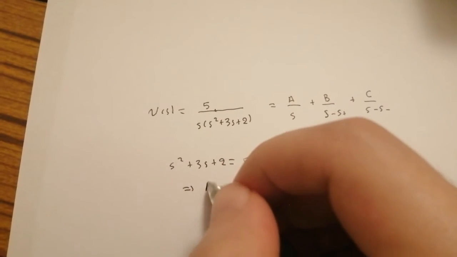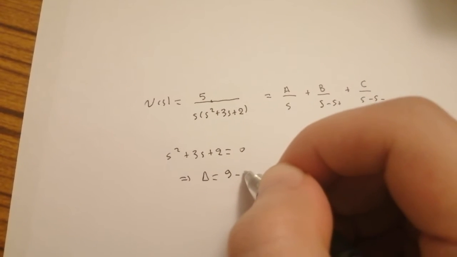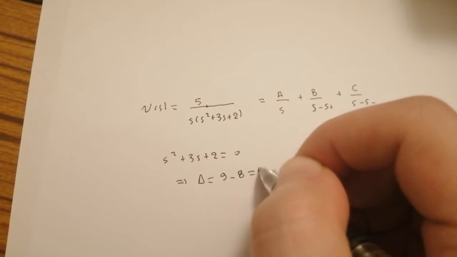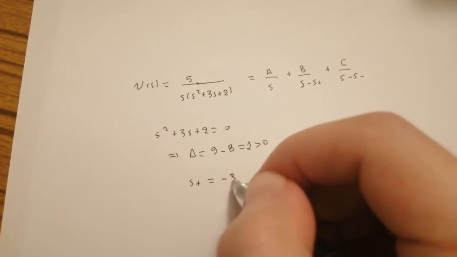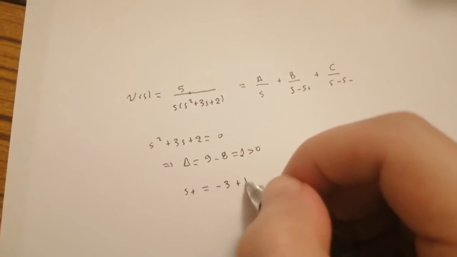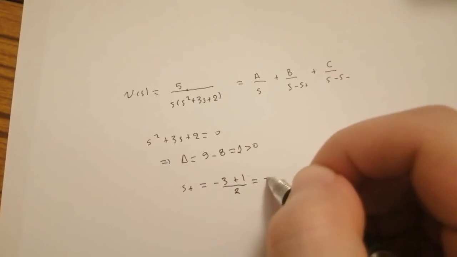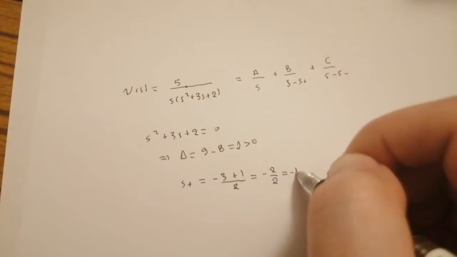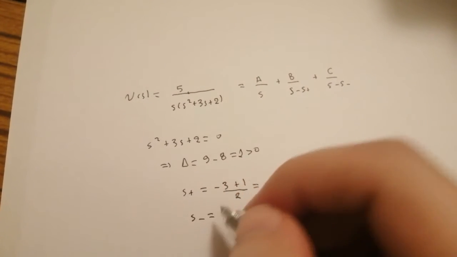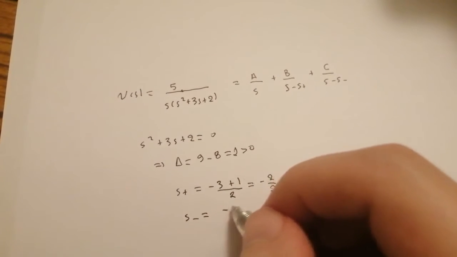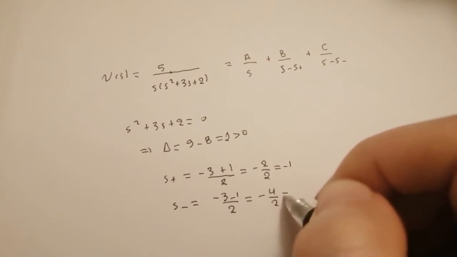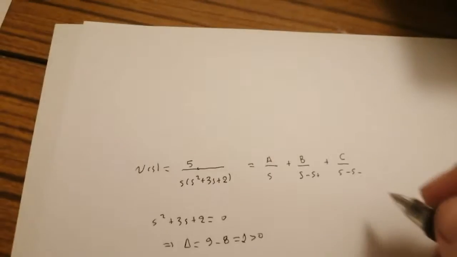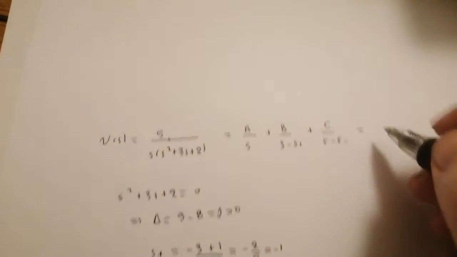I compute the discriminant, it's 9 minus 8 equal to 1. So s plus is minus 3 plus the square root of the discriminant over 2, minus 2 over 2, equal to minus 1. And s minus is minus 3 minus 1 over 2, so it's minus 4 over 2, minus 2.